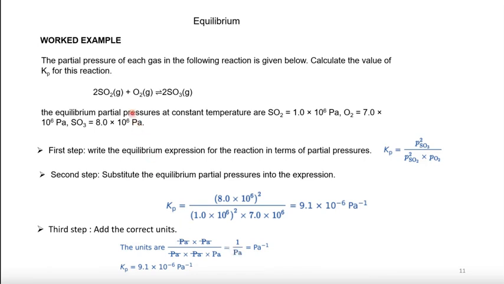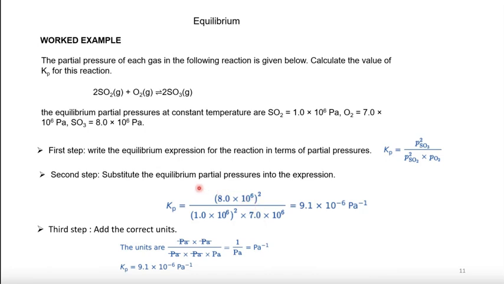Okay, we go to the next one, and we take a worked example. Sulfur dioxide reacts with oxygen, and we get sulfur trioxide. The partial pressure of each gas in the following reaction is given below. Calculate the value of Kp of this reaction. The partial pressure for sulfur dioxide is 1 times 10 to the power 6 Pascal, for oxygen it is 7 times 10 to the power 6 Pascal, and for sulfur trioxide it is 8.0 times 10 to the power 6 Pascal.